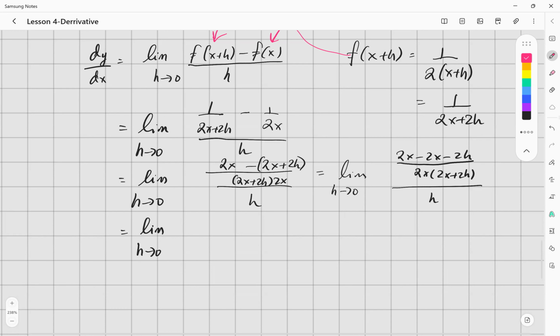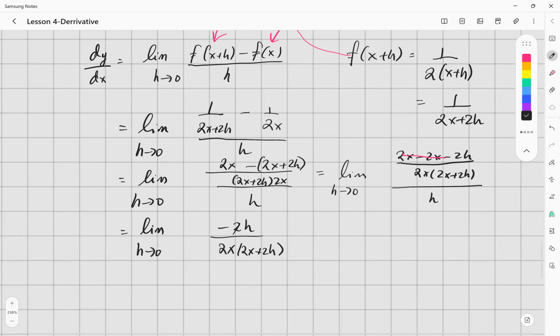So this one, 2x minus 2x cancels out. So all you are left with is negative 2h. You get negative 2h over 2x times 2x plus 2h.